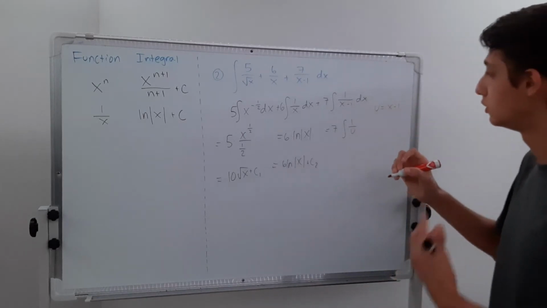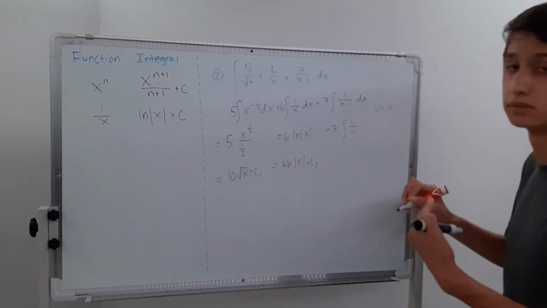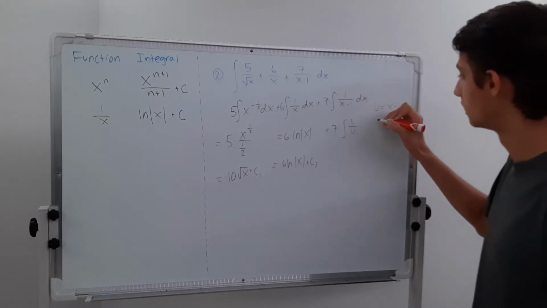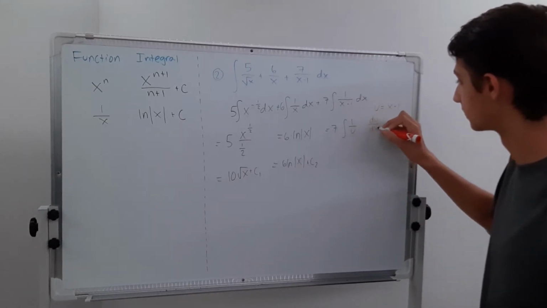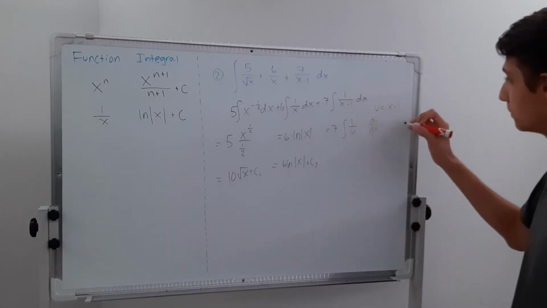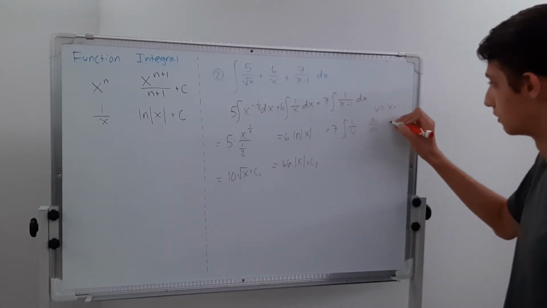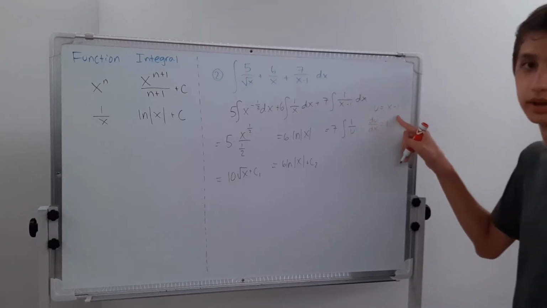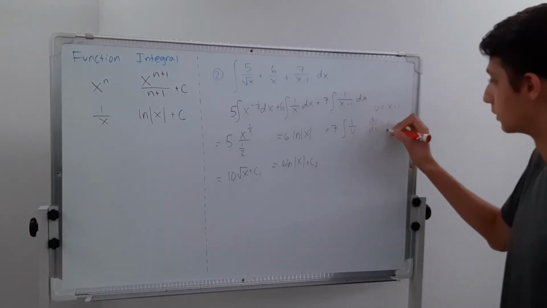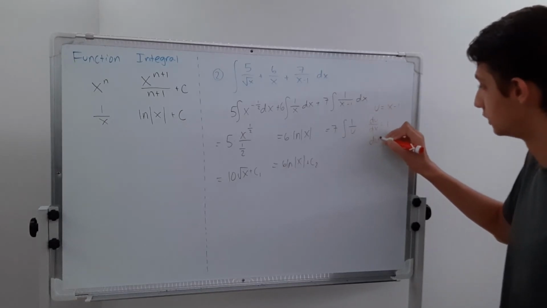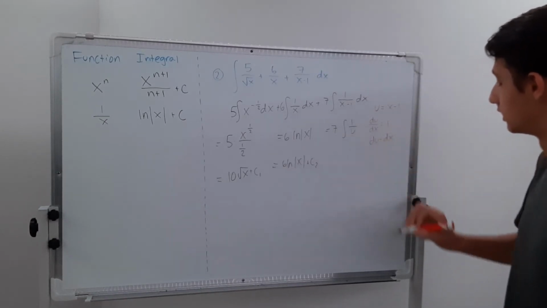And once you do this a few times, you can kind of just skip steps. So we'll say the derivative of u with respect to x is equal to x, derivative that is 1, derivative of the negative 1 is 0, so it's just 1. So then we can multiply both sides by dx, and we're left with du is equal to dx.